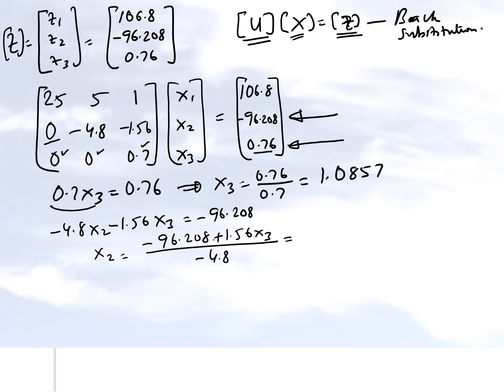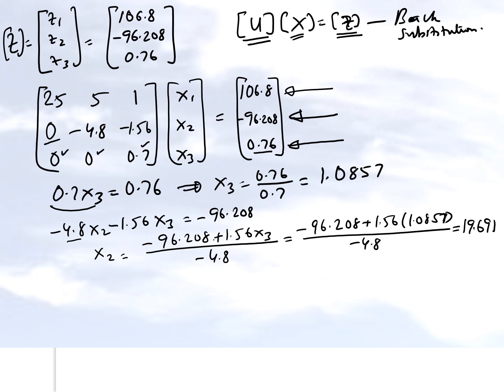That's why I'm taking things to the right side and dividing by the coefficient of x2. So we get this quantity right here. And this number turns out to be equal to 19.691.